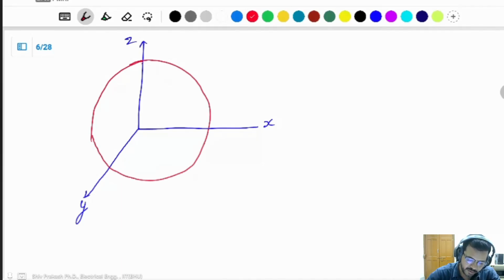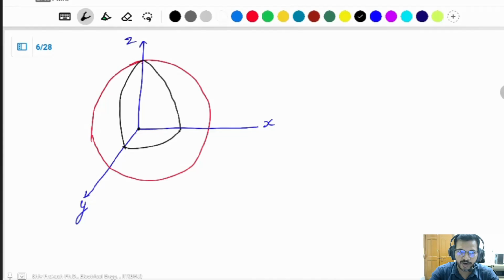Suppose this is the earth. If we take a cross section of this, to see the exact center point of the earth, this will be the center point of the earth.